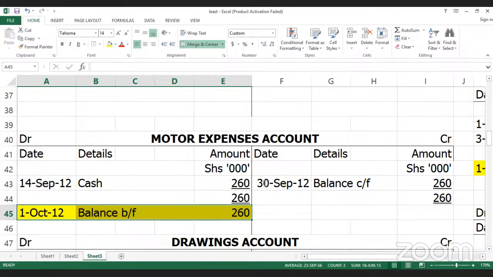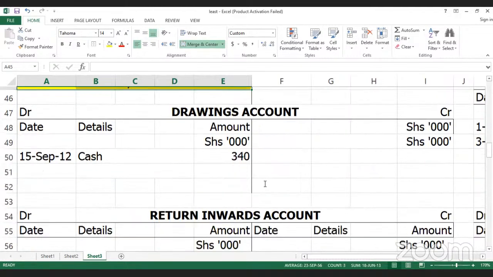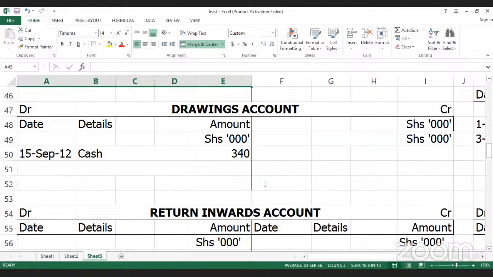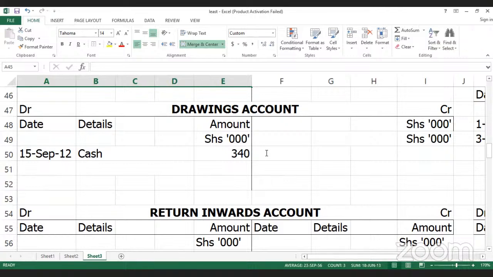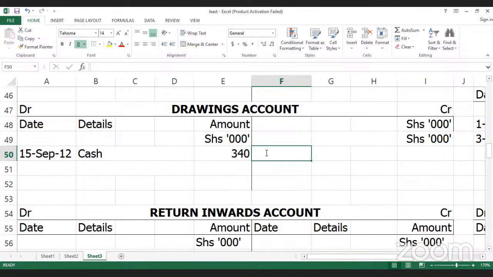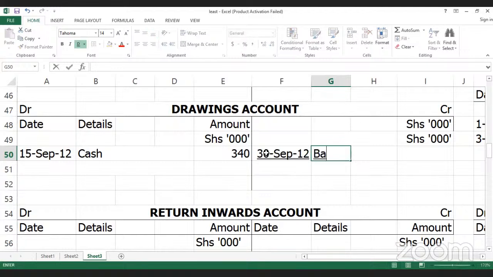So now we move to the drawings account. Which side is bigger on the drawings account? The debit side is bigger. So the balancing figure will be on the opposite side, balance carried forward.